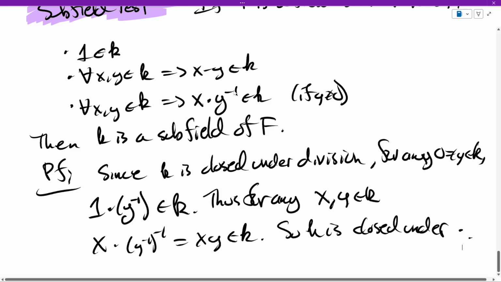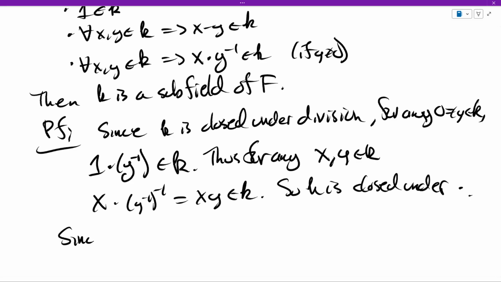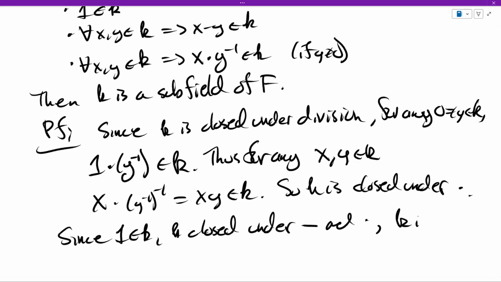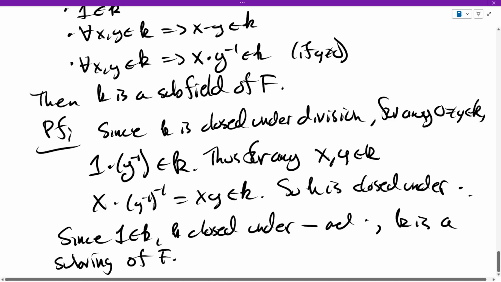Since 1 is in K and K is closed under minus and multiplication, K is a subring of F. We can use the subring test, and therefore we get all those checks.